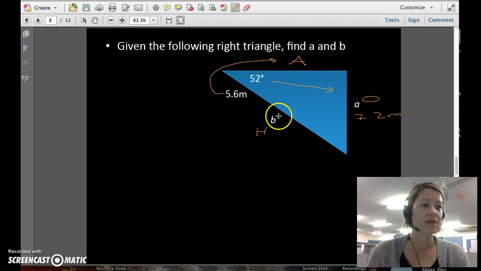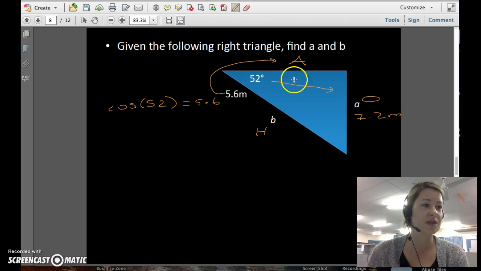So I have A, and I want H. So I'm going to this time use the cosine. So I have cos of 52 equals our A, which is 5.6.